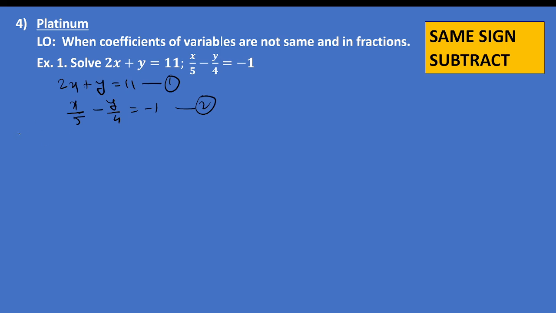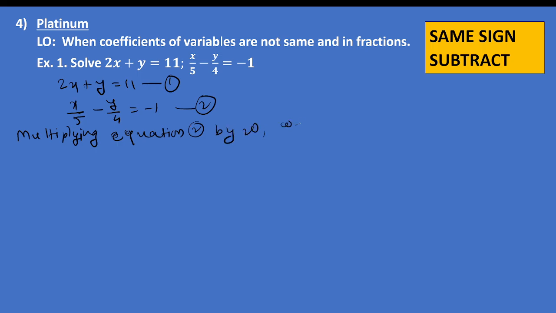So I'm multiplying equation 2 by 20. My charger is getting low, I'd rather use my charger here. So where was I, I was multiplying equation 2 by 20.